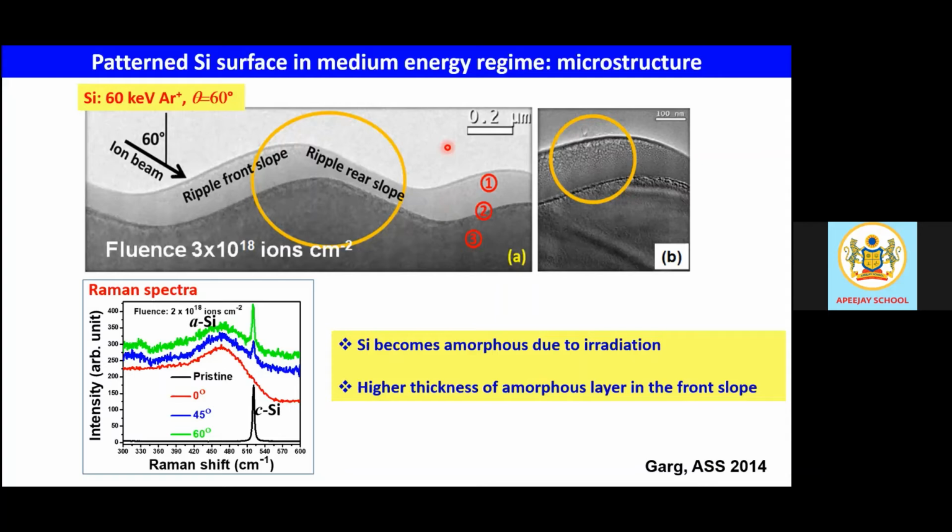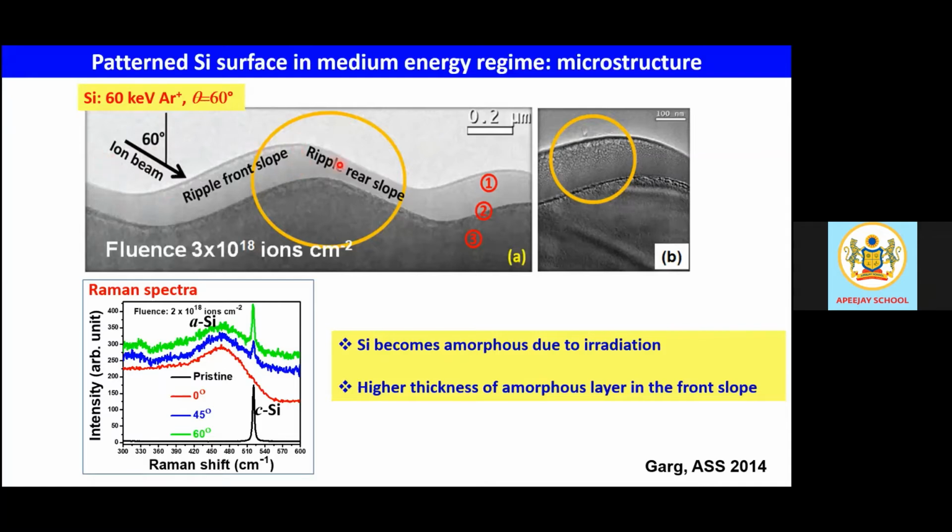For instance, because of this cos theta term, a simple trigonometric calculation will show you that when the ion incidence angle goes from 0 degrees, normal incidence, to 60 degrees, a factor of half comes in as a multiplication factor, and that straight away reduces the projected range by a factor of 2. It becomes half.